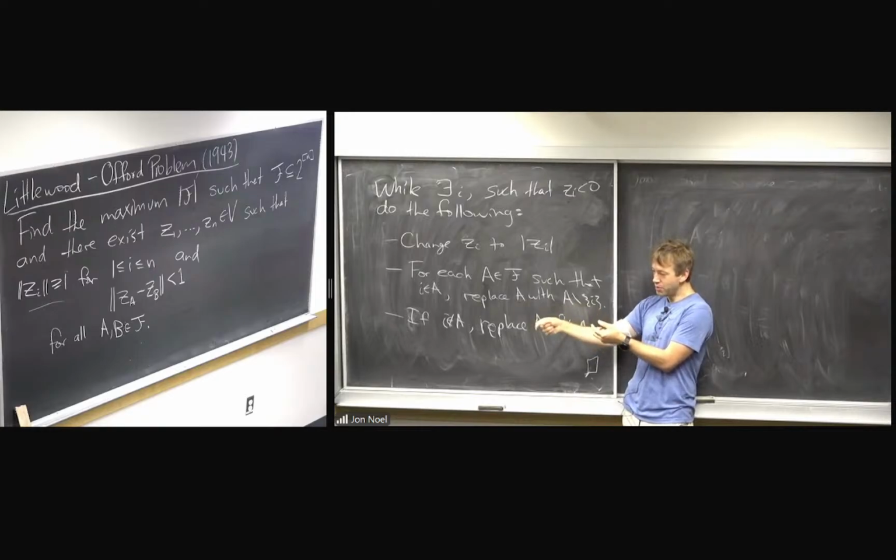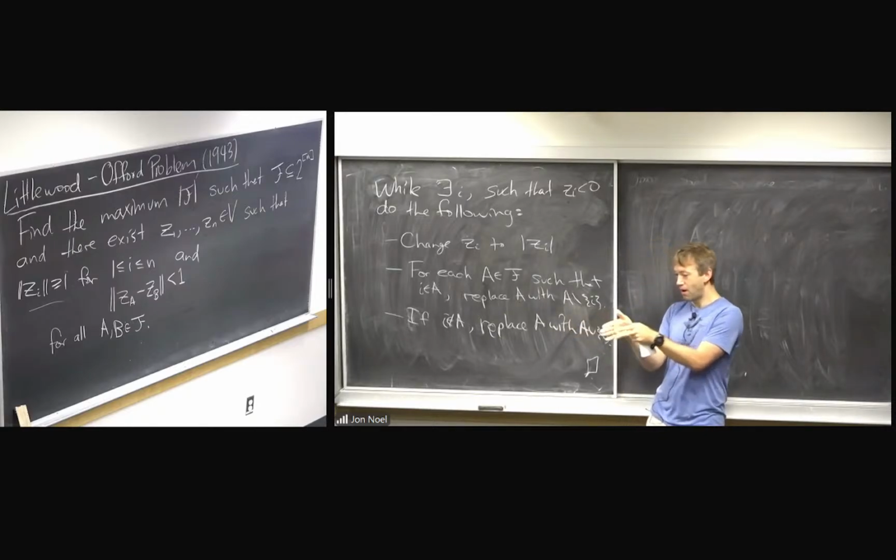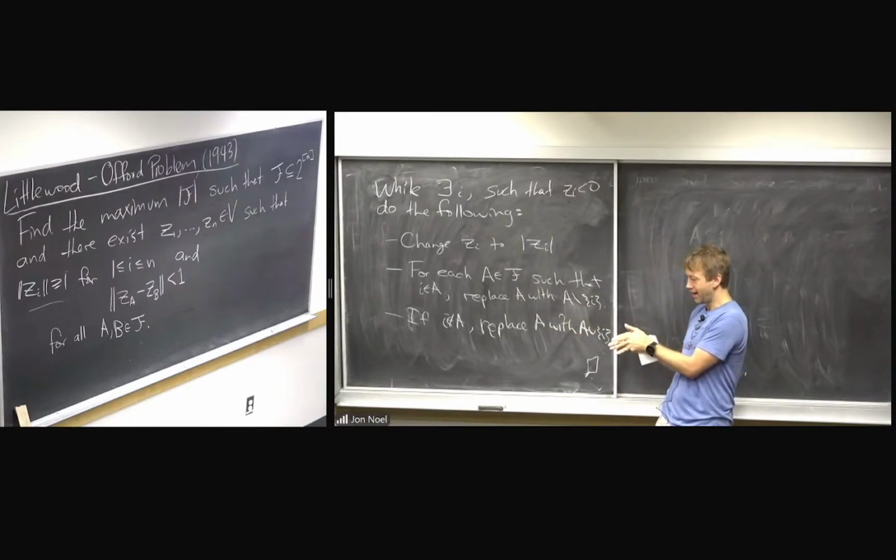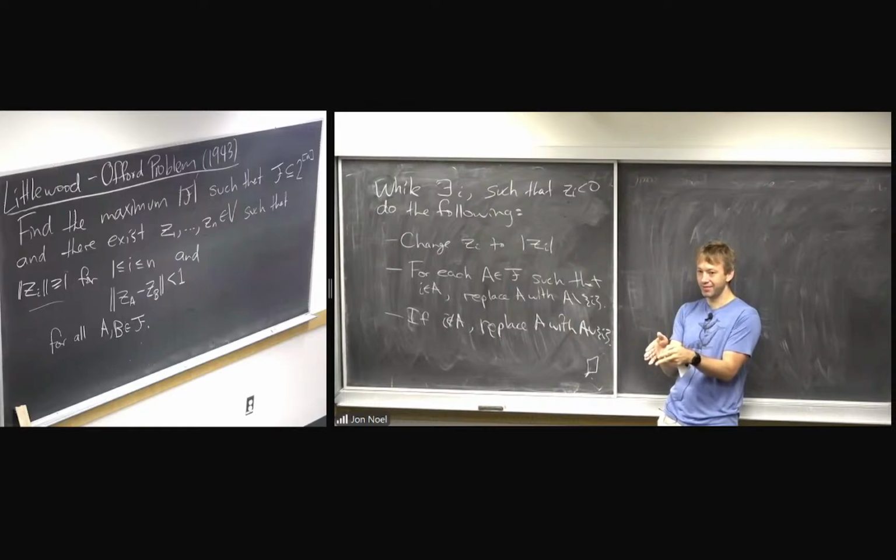If I remove i from A, then the subset sum for A shifts positively by the absolute value of Z_i. It used to have a negative number in it. I took that negative number out. It goes up by the absolute value of Z_i.